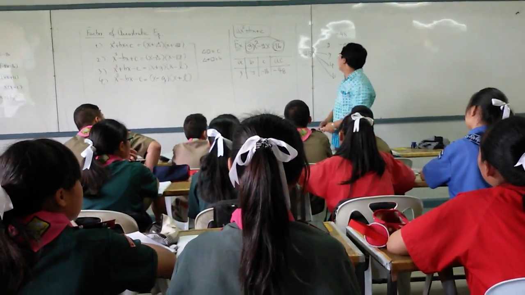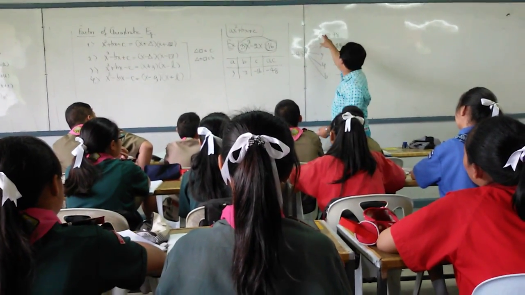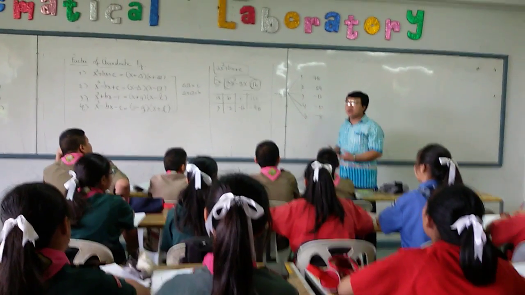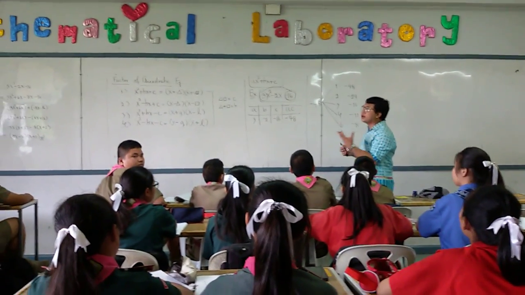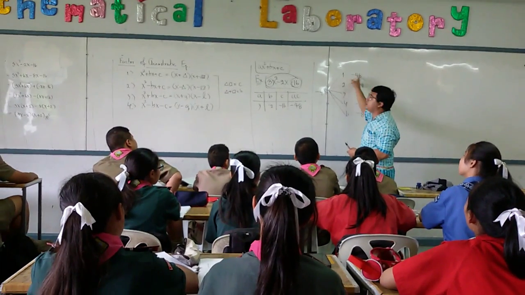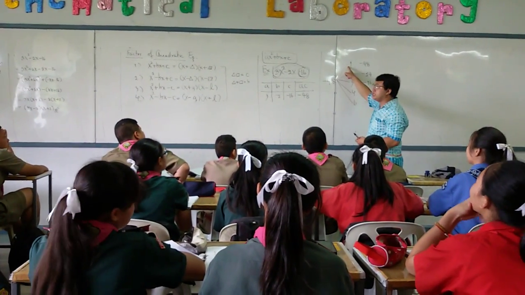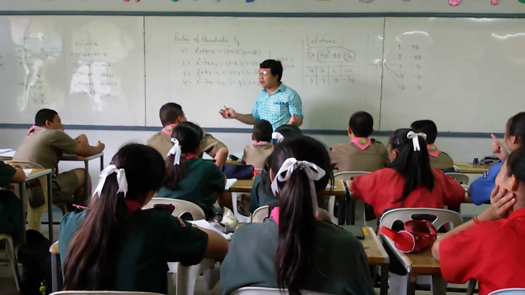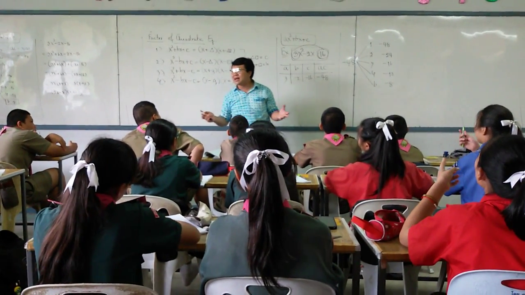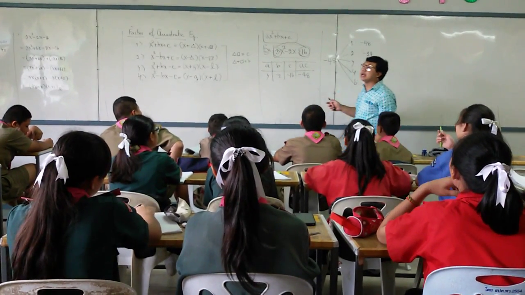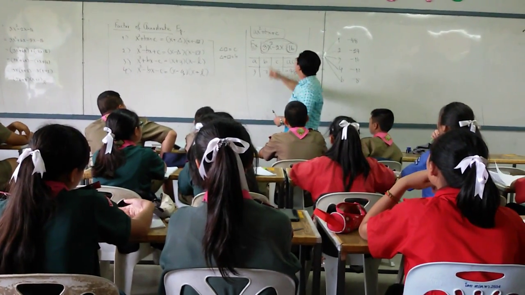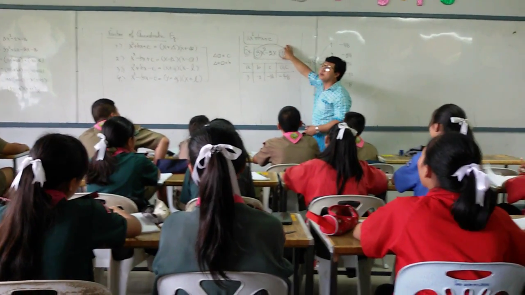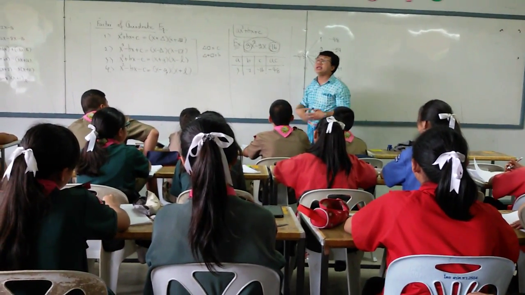Why is this positive and this negative? Do you know why? How do we consider the signs of the two numbers? Why is it positive? Why is it negative? Can you tell me? ทำไมครับ เพราะตรงกลาง because the middle term is negative and the last term is negative. You can answer me in Thai language.